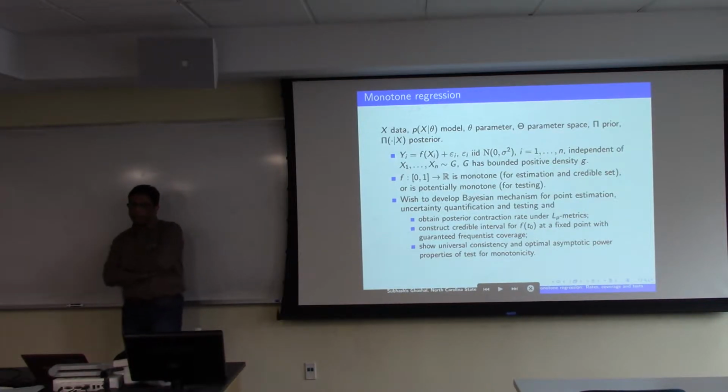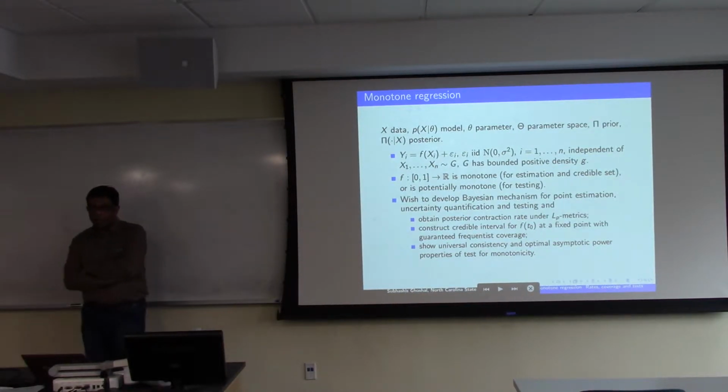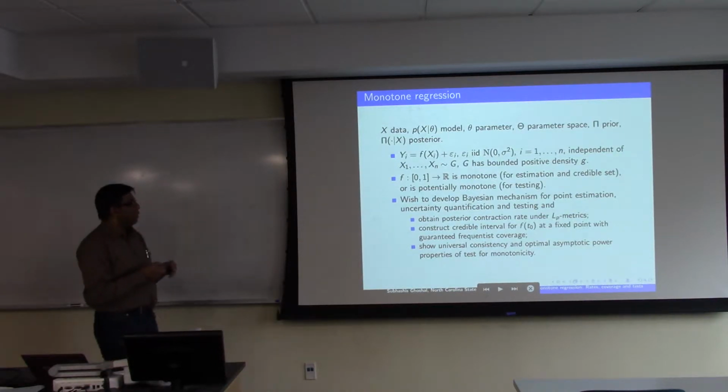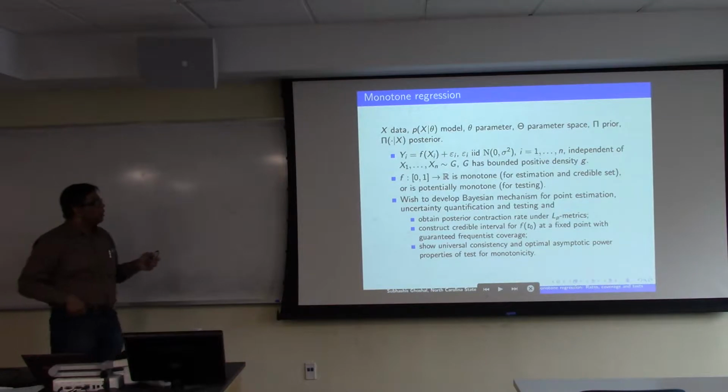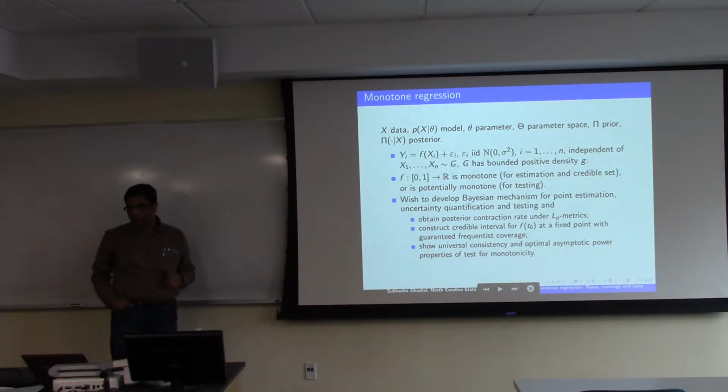The functions that we are interested in are monotone functions, monotone increasing without loss of generality, for estimation and finding credible sets. The Bayesian method of estimating is through sets rather than points. Or the function is potentially monotone when we want to test that.